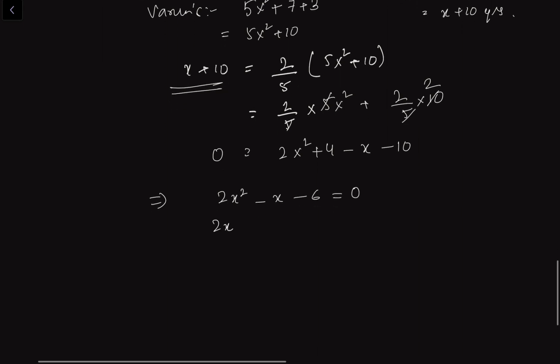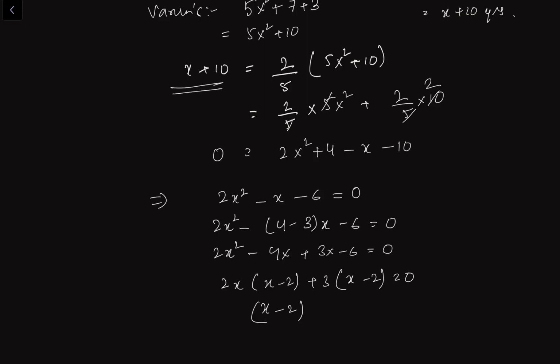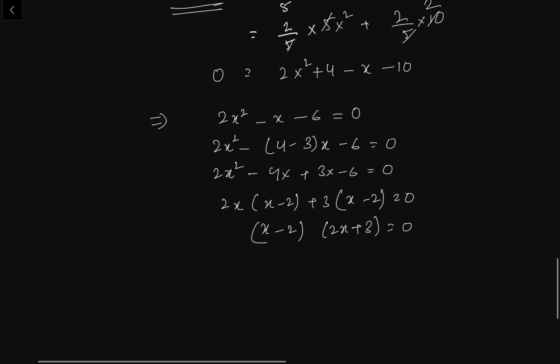So again you can use your factorization here. I already have a video made on factorization which you can check out if you have a doubt here. So x is equal to 2 or x is equal to minus 3 by 2.